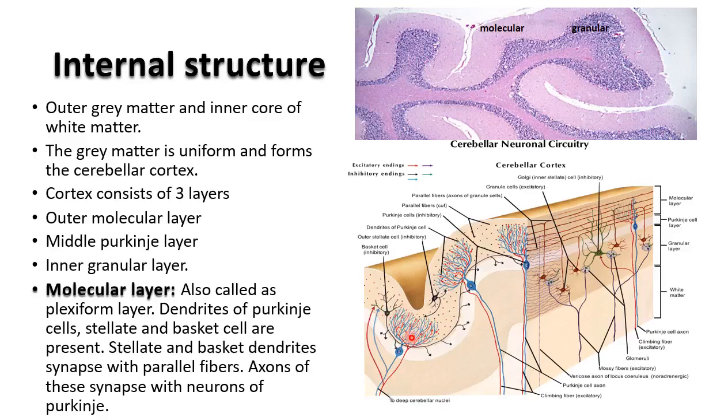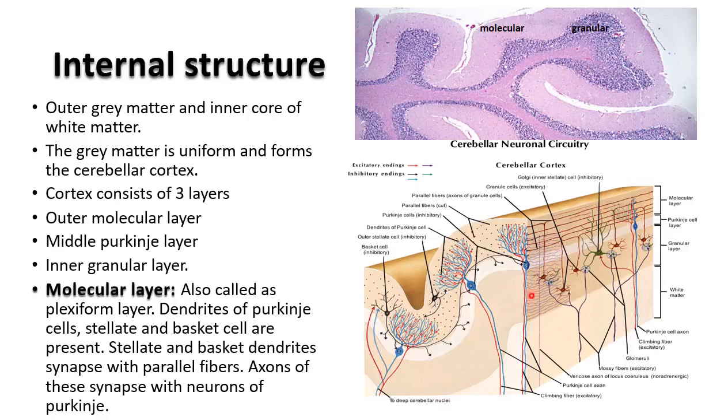So most of the cells which secrete neurotransmitter in the cerebellum secrete an inhibitory neurotransmitter, which is GABA, gamma aminobutyric acid. So it is GABAergic fibers. Okay, so apart from the stellate cells, the basket cells, and the dendrites of Purkinje cells, there are also fibers.